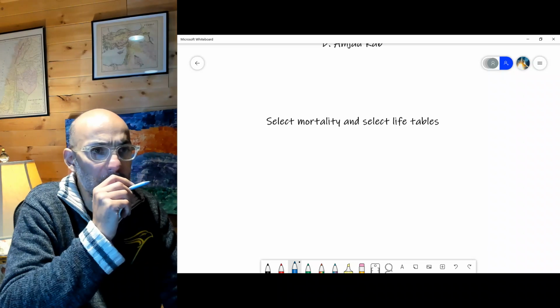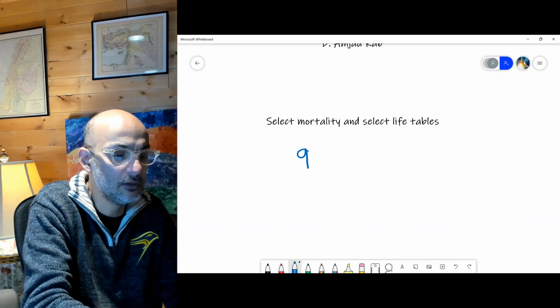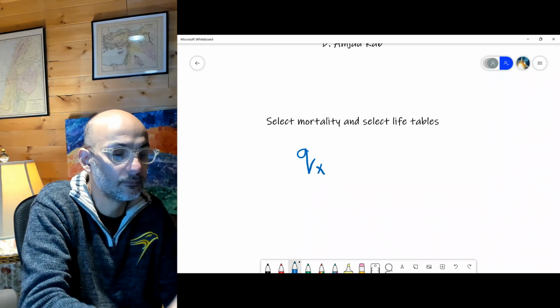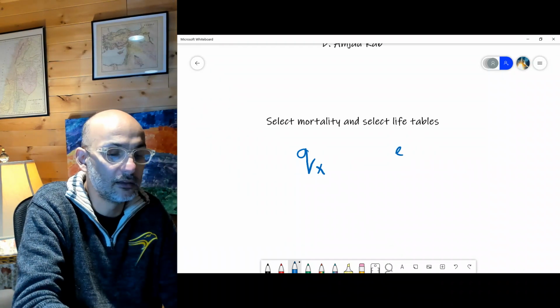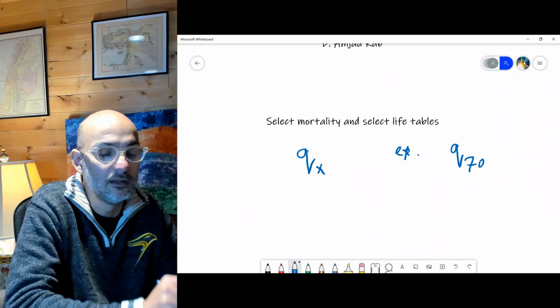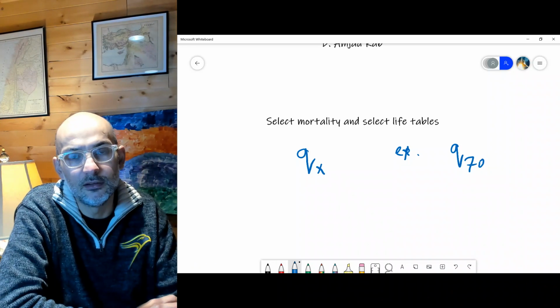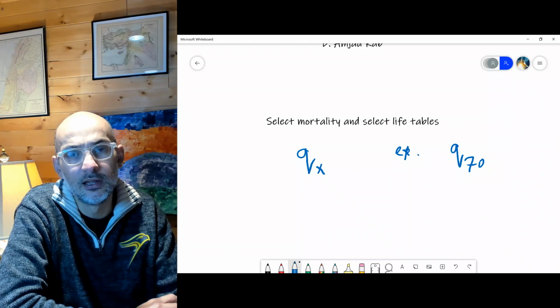So usually we looked at Q_x, for example Q_70, which is the mortality rate of an individual who has reached age 70, the probability for her or him to die within 1 year.